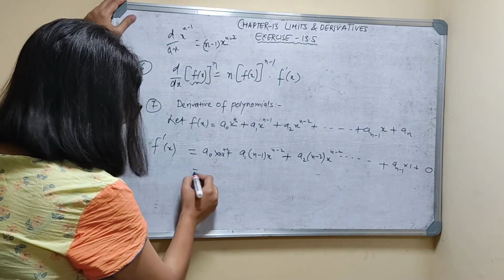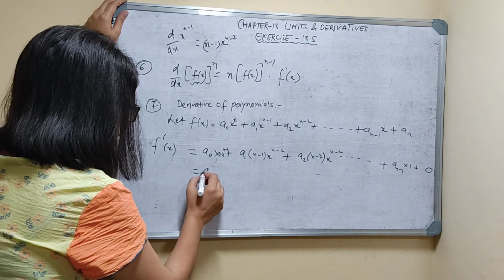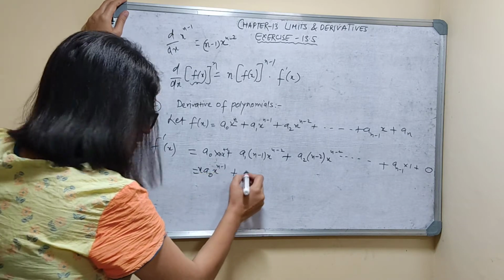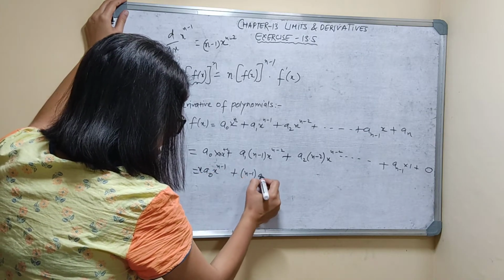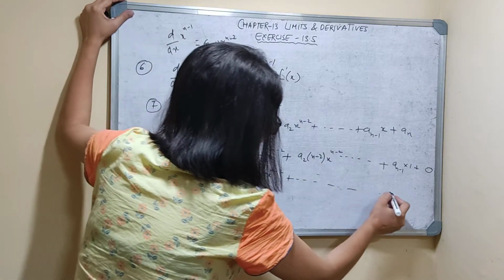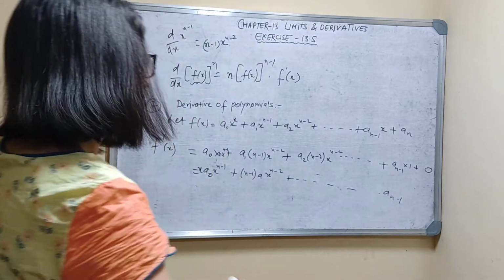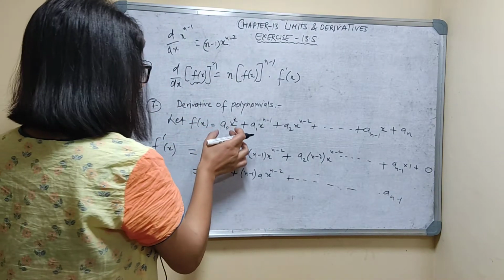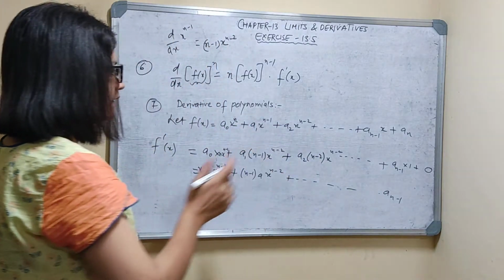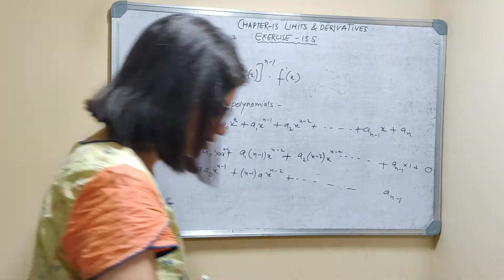Is that clear? So we'll get n a naught x power n minus 1 plus n minus 1 a1 x power n minus 2 plus and so on, plus a n minus 1. Like this you have to solve, for each, d by dx of this plus d by dx of this plus d by dx of this, if this is a polynomial. Is it clear?